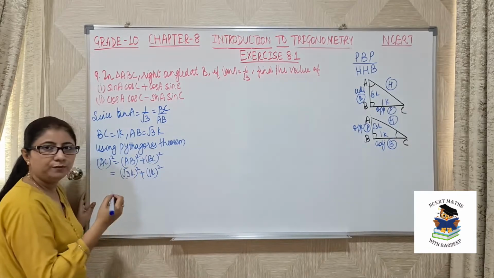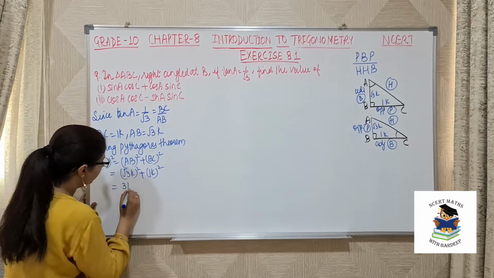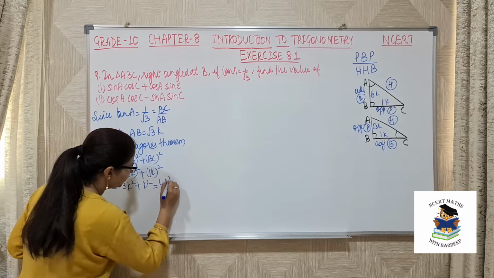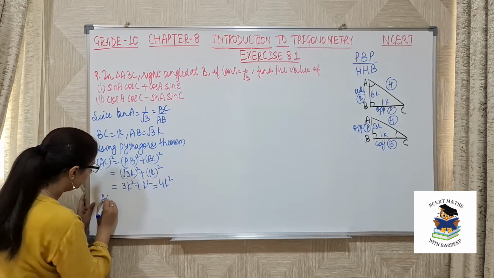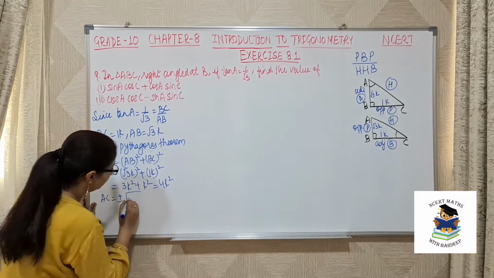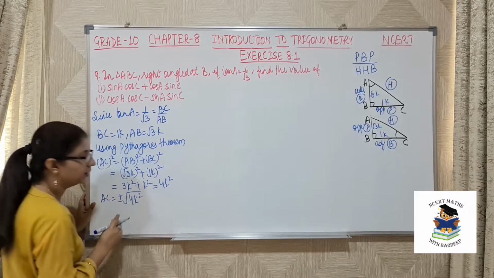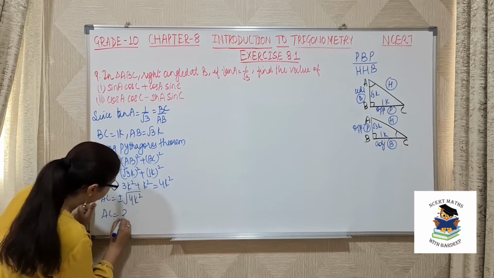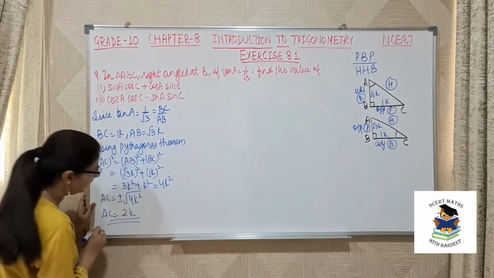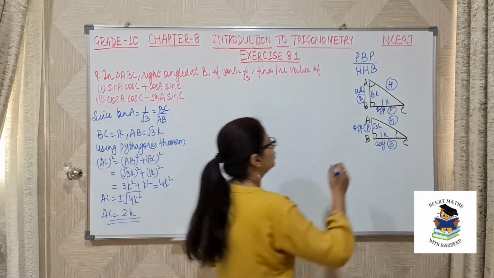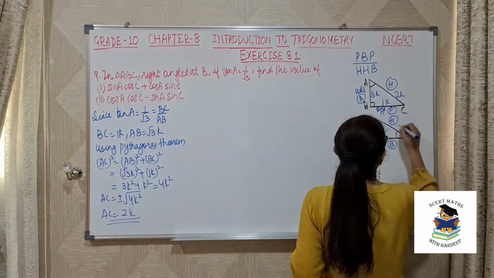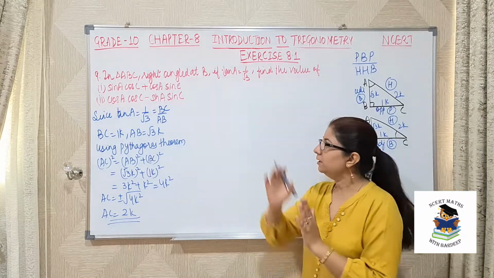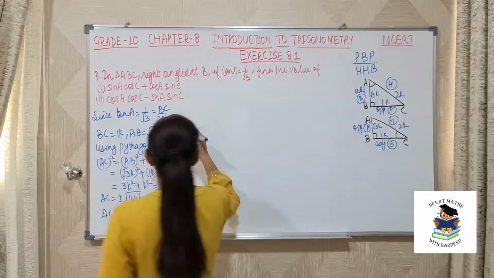So root 3 square will be 3 itself, that is 3K square plus K square. So this is 4K square. Then what is AC? This is plus minus square root of 4K square. So ignoring negative value, we will have square root of 4 is 2. So AC as 2K. So AC is 2K. Here also you can write 2K. So now we will find the ratios that are needed to solve this question.